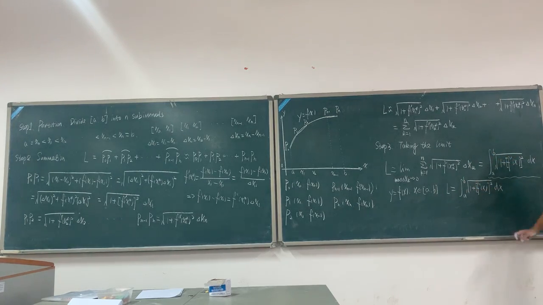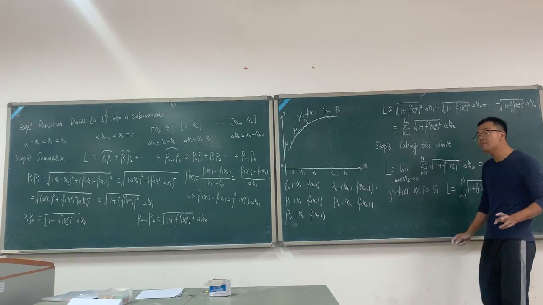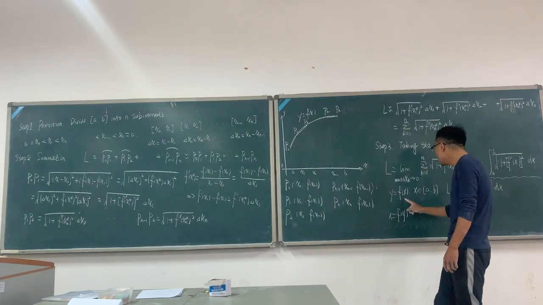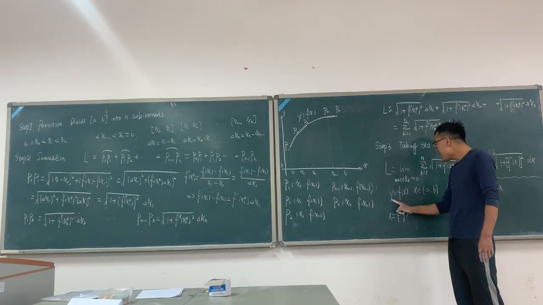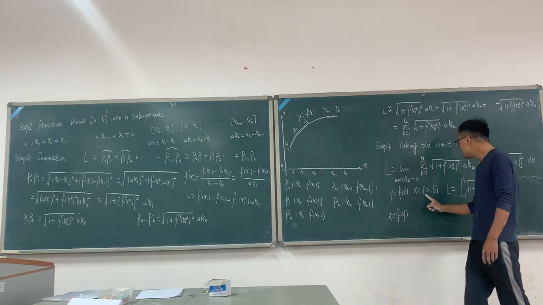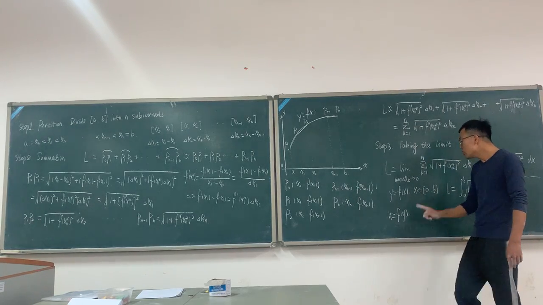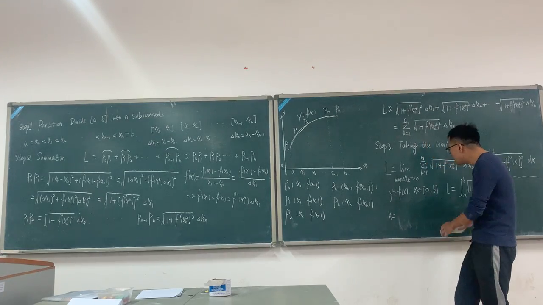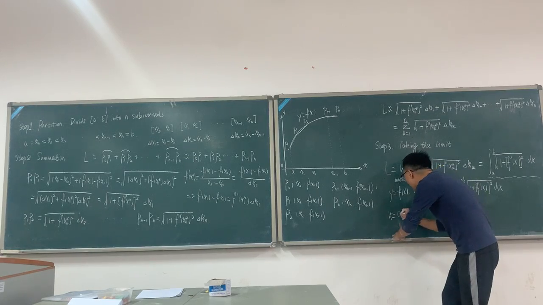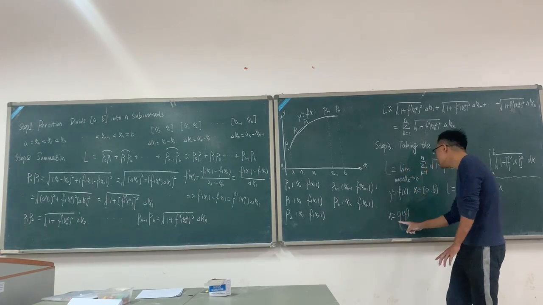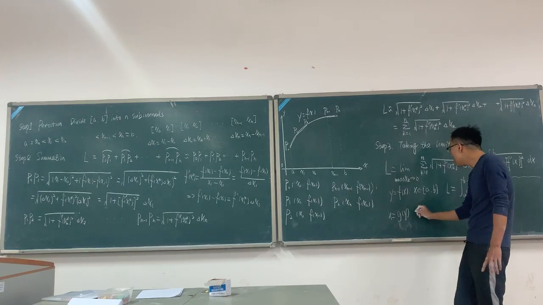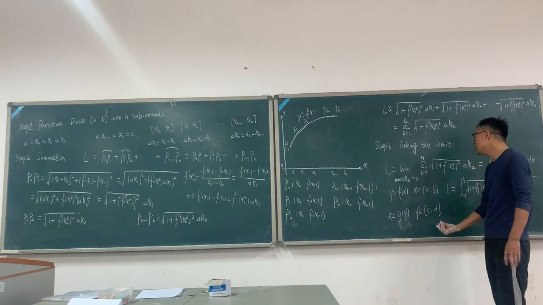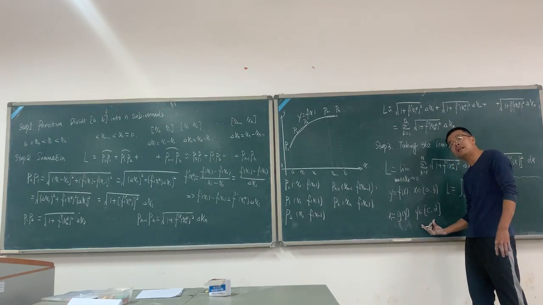So now, if the curve is given by y equals f(x), here y is a function of x, x is from a to b, okay? So if the curve is given by x equals g(y), y belongs to [c,d], what is the length for this curve?